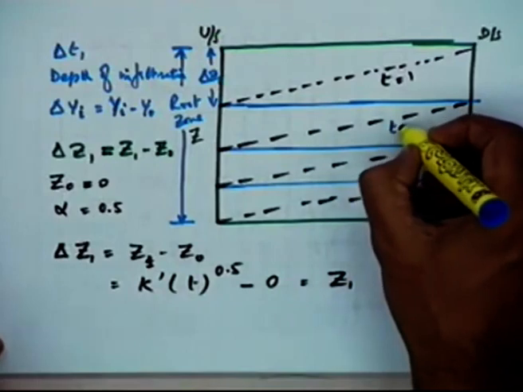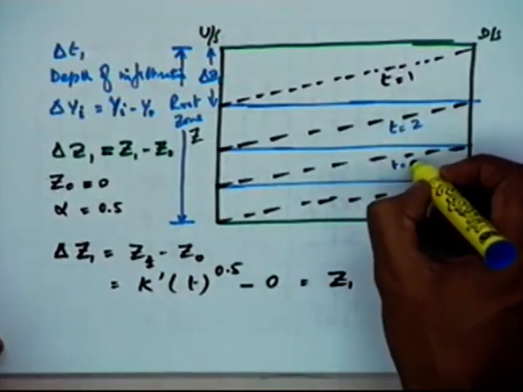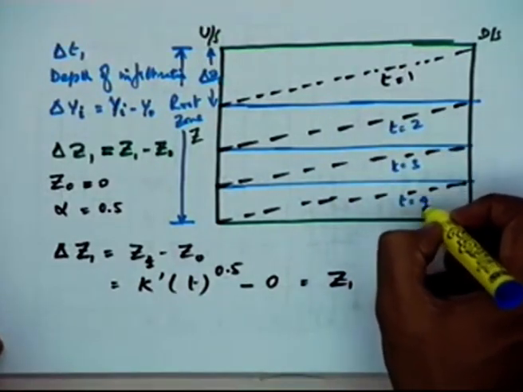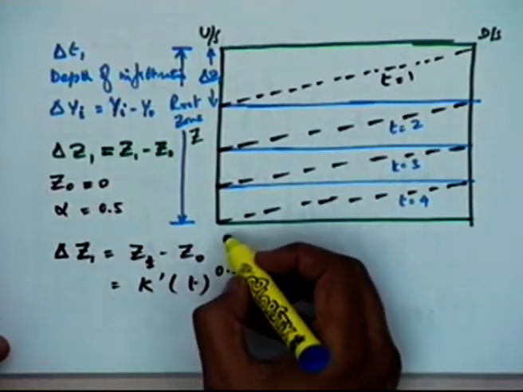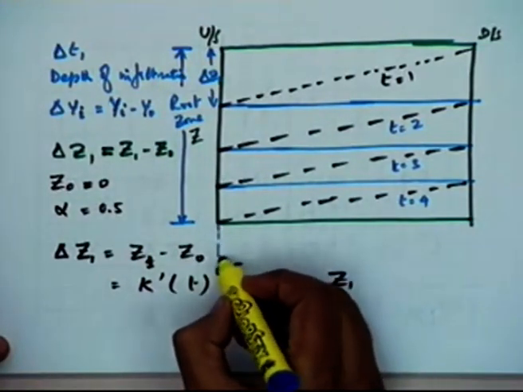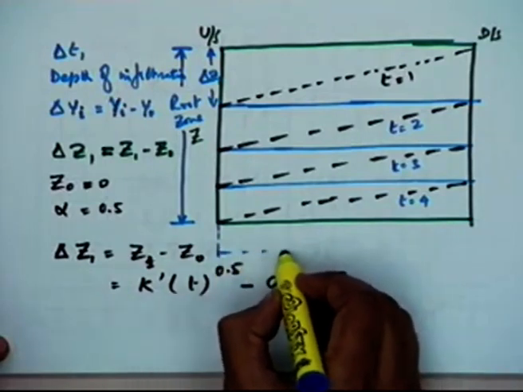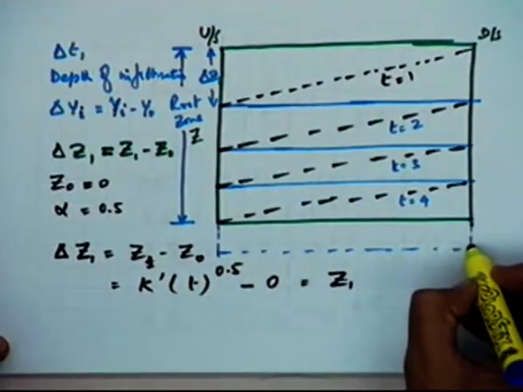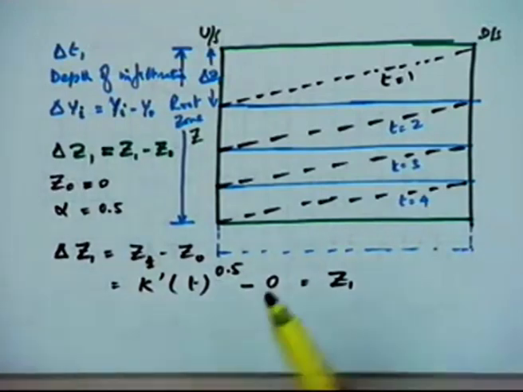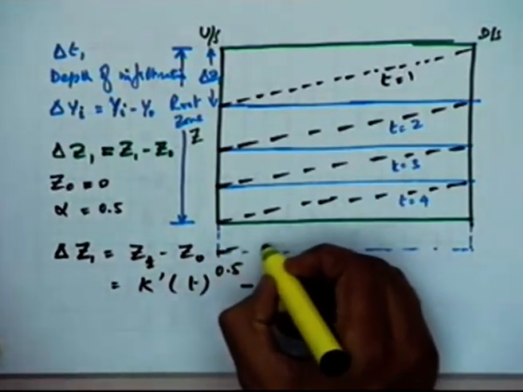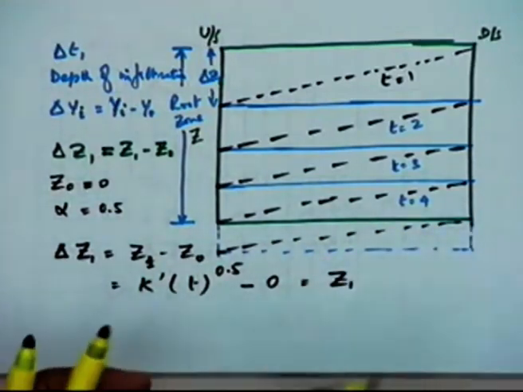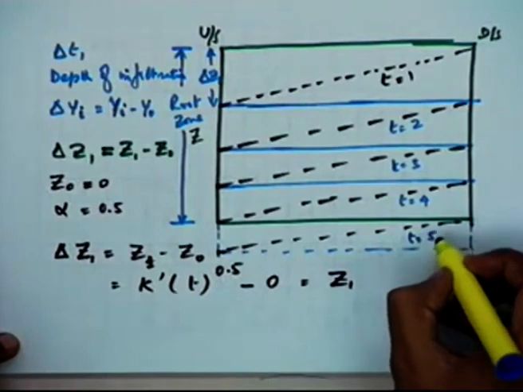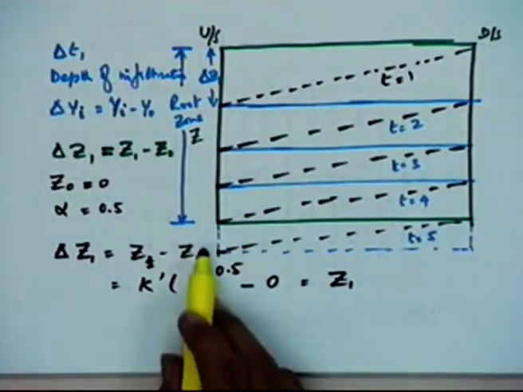For example, this is for t is equal to 2, t is equal to 3, t is equal to 4, and if you go beyond this, take another segment, you will find that this is for t is equal to 5, though you have gone beyond the root zone depth.